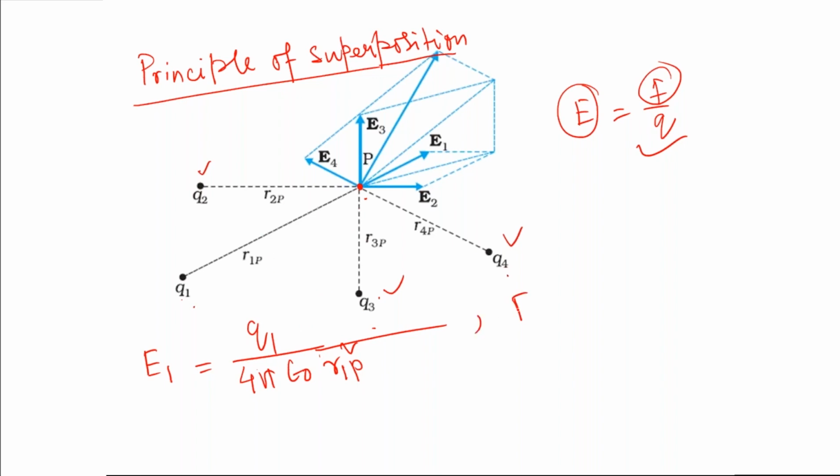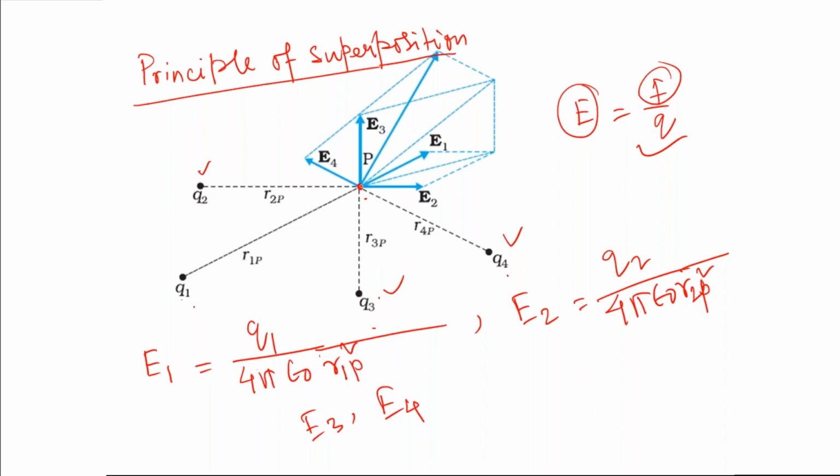Similarly, when I calculate the electric field due to charge Q2, I'll write Q2 by 4 pi epsilon naught R2P square. So like that, E3 and E4 also we will calculate individually when we don't consider the presence of the other charges.